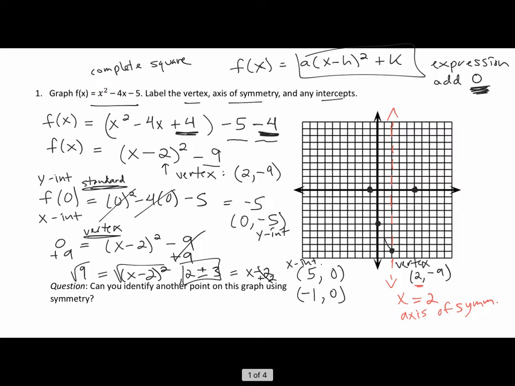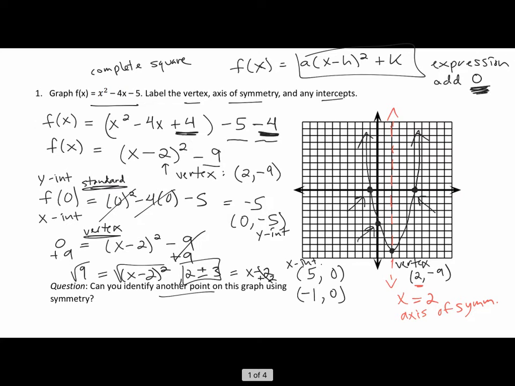So if we were to go ahead and connect those together to show this parabola, that's what that would look like. There's a question here, though. Can you identify another point using symmetry, using that axis of symmetry? Because you can tell that each of the x-intercepts are symmetrical over the axis of symmetry, right?